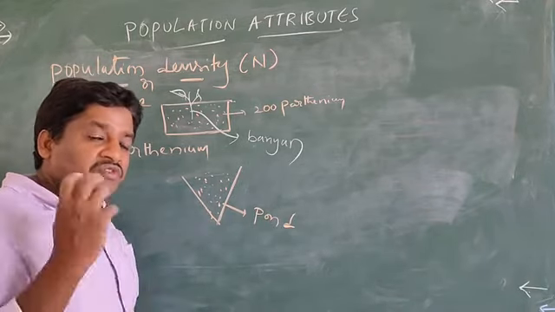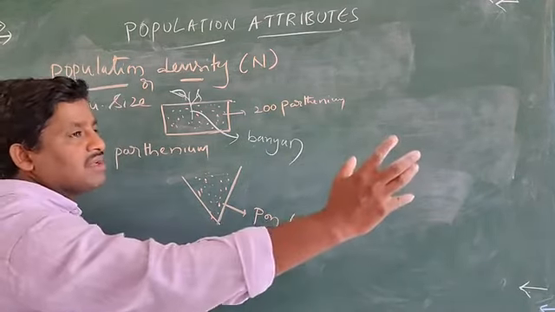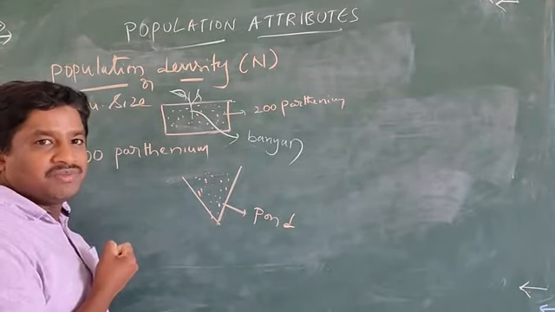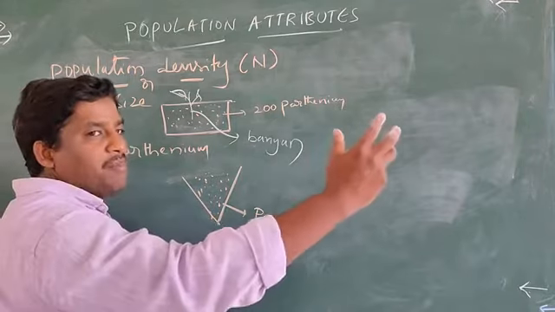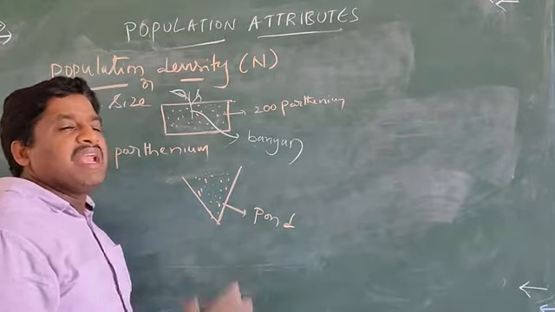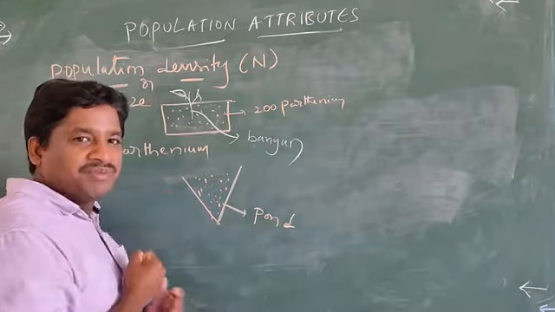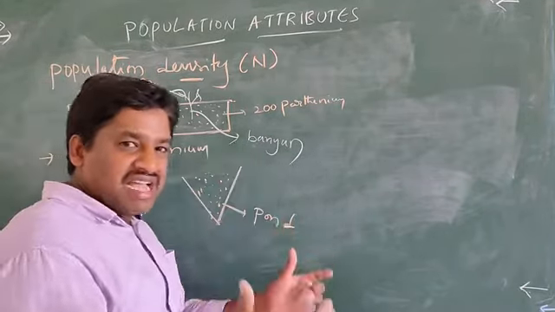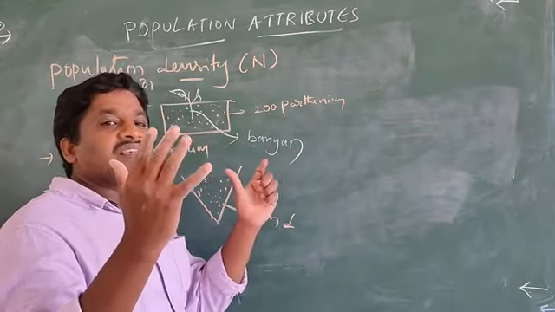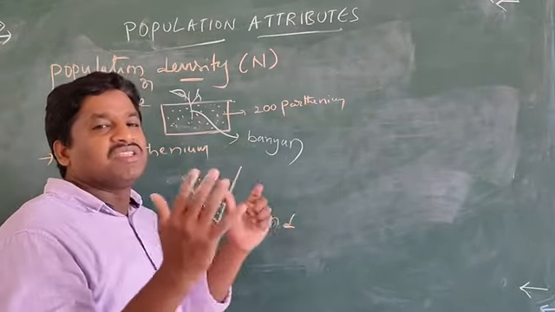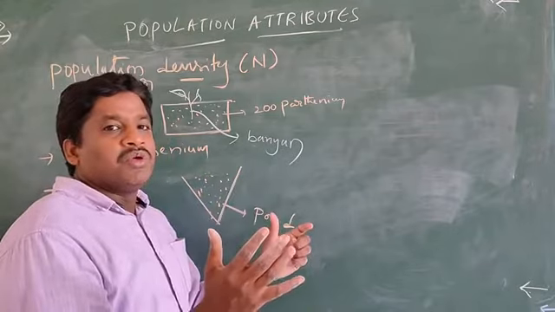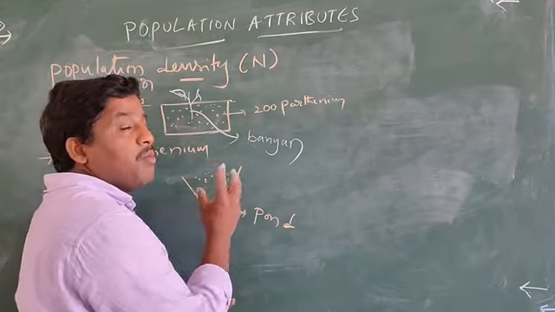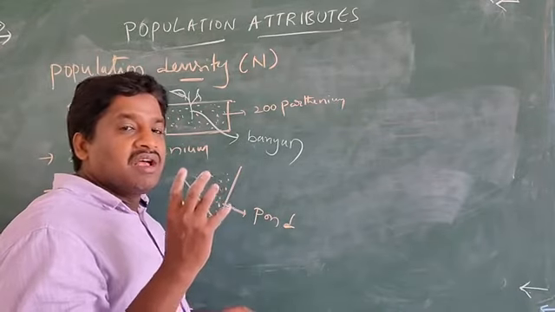Once the fisherman sets a trap and catches, in such a time more fishes may come. So in the pond area the population density is high.